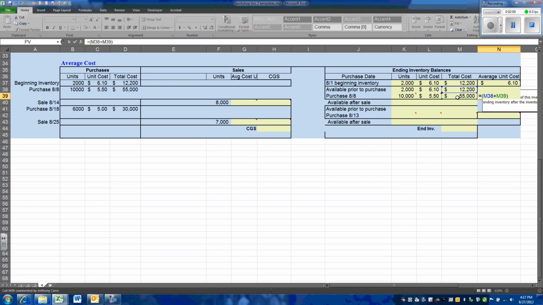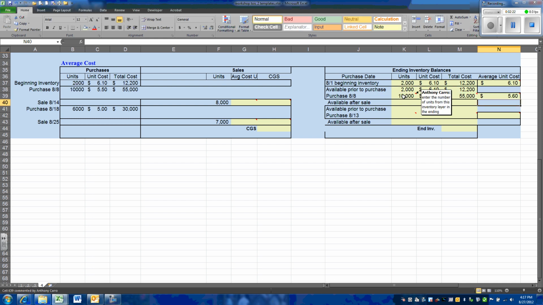We'll close parentheses. Now we're going to divide by the total number of units, and that is going to be our 2,000 plus our 10,000, and we will calculate an average cost per unit of $5.60.